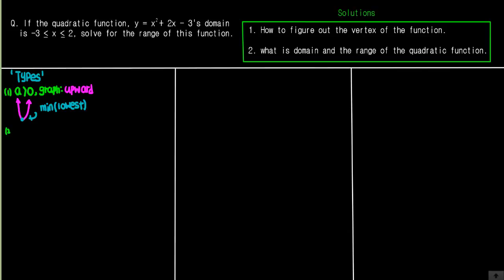And the second case is when the a value is less than 0, which means when the a value is negative. When the a value is negative, the graph of the quadratic function will go or open downward.